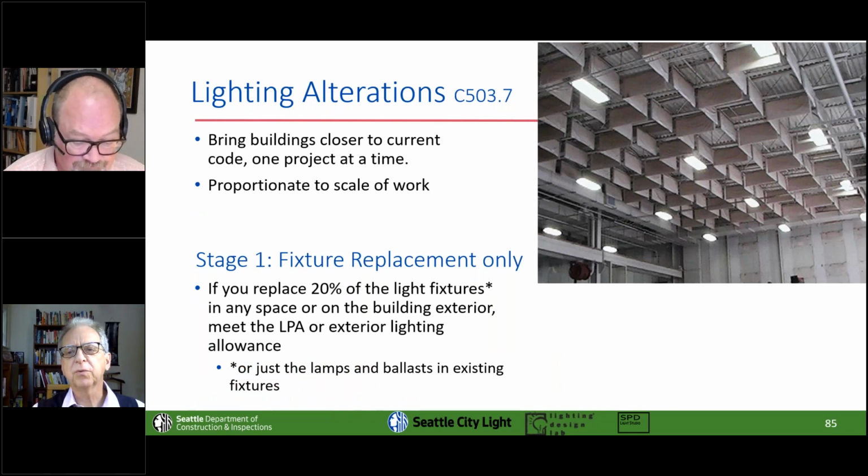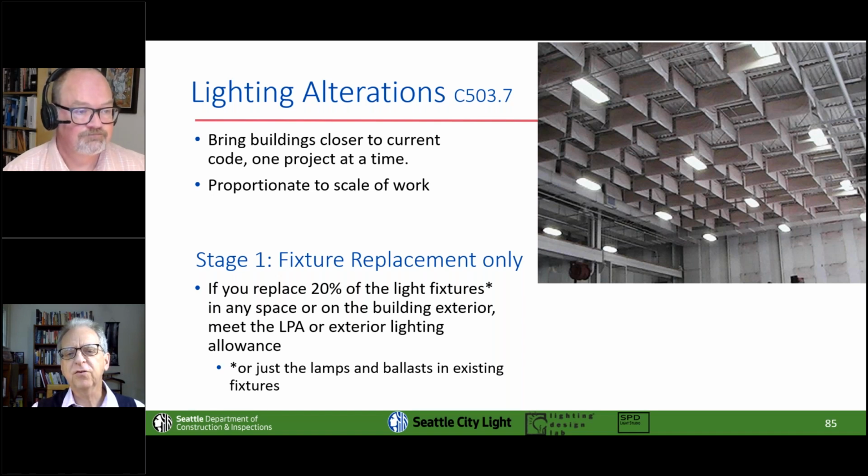So just some general rules about alterations for lighting systems. Our idea was that as the spaces get rehabbed, for offices it might be every 10 years, maybe for a school it's every 30 years or something like that, but they keep rolling through this. We try to use that opportunity to bring things up closer to code and keep it proportionate to how much work you're doing.